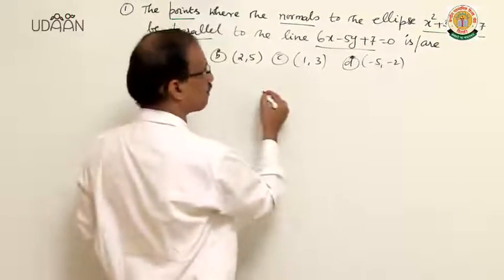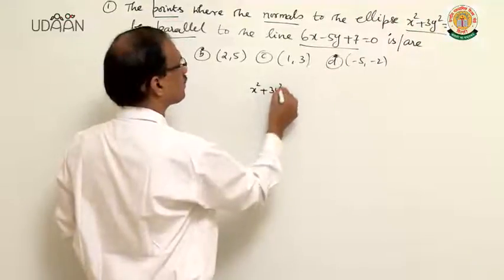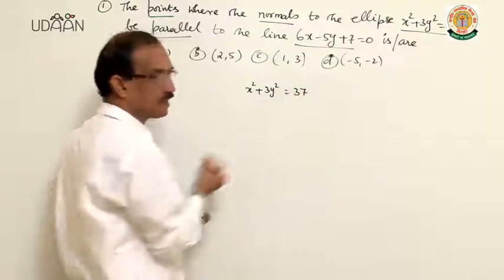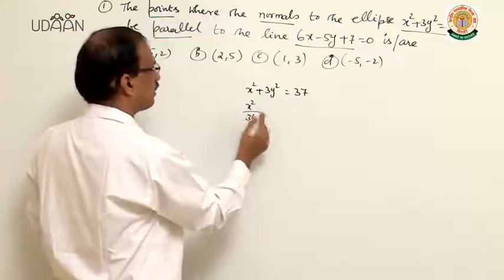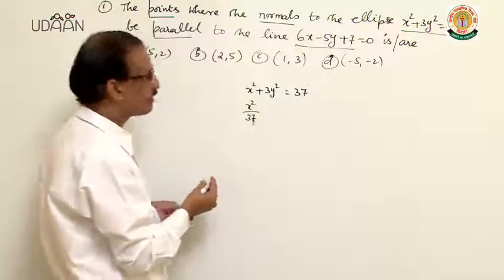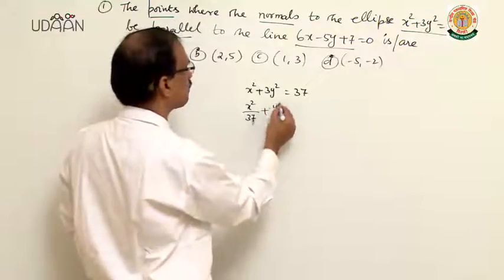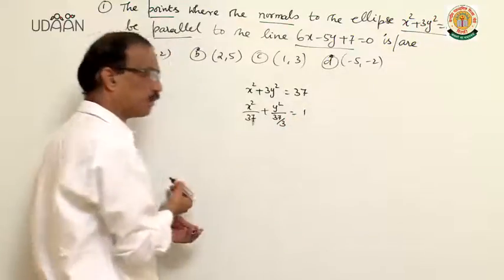So the equation of the ellipse is x square plus 3y square equal to 37. Let us rewrite it in the standard form, that is x square by 37 plus y square by 37 by 3 equal to 1.